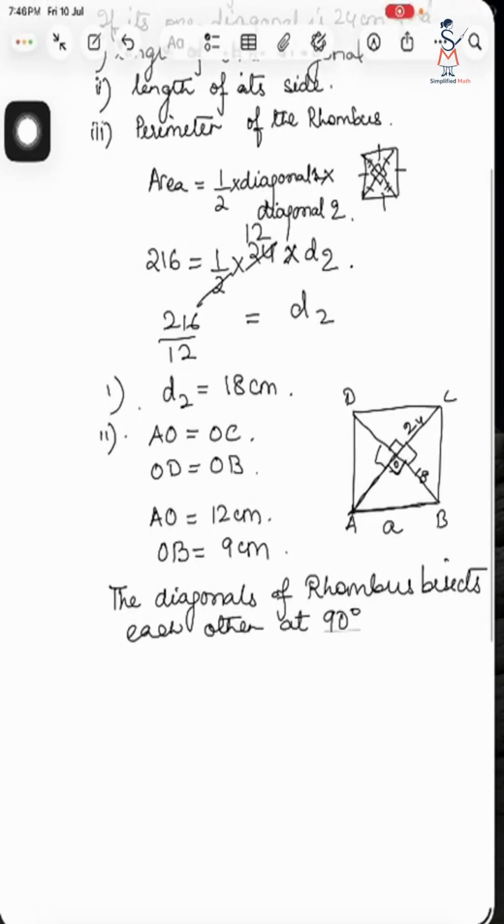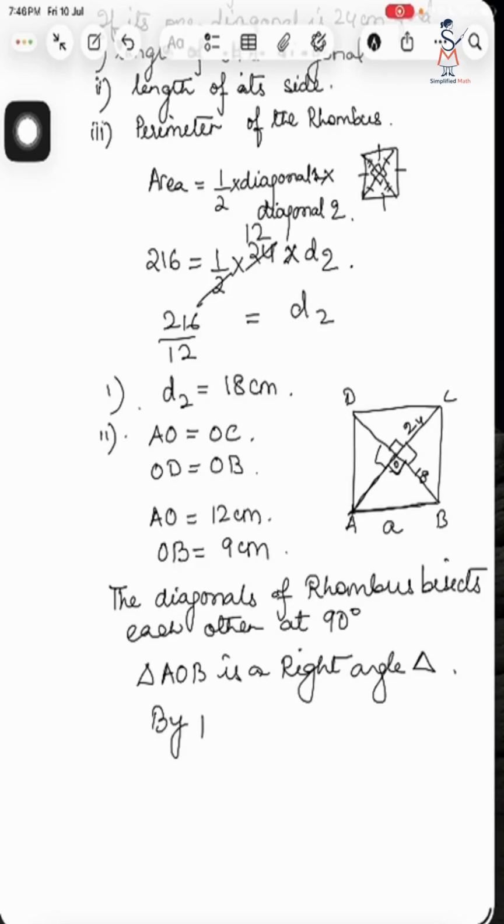Fine. So now AOB is a right angle triangle. Triangle AOB is a right angle triangle. So we will apply here Pythagoras theorem. What is Pythagoras theorem?